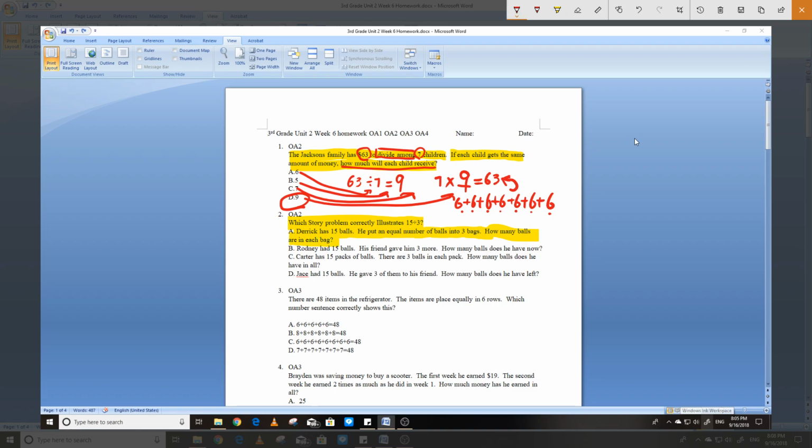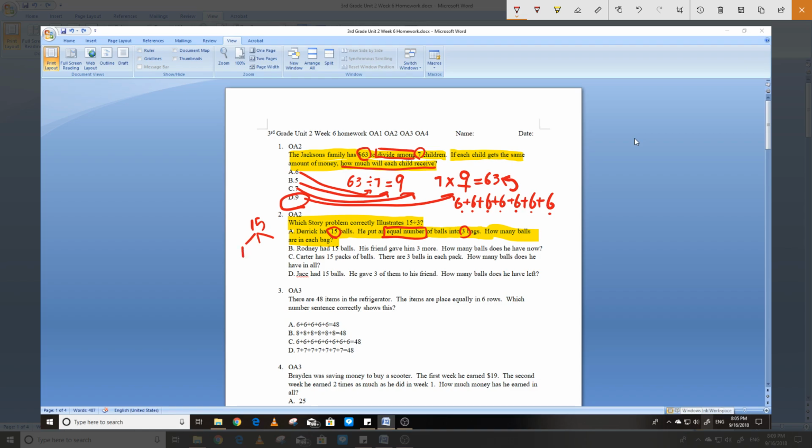So if I'm looking at answer choice A, we have the numbers 15 and 3. And the key words here are equal number right here in the middle. Now, whenever you see equal number, usually it means you have to divide. If you got 15 balls and you want to separate them into 3 different bags, and each bag has to be the same, let's just use a letter to represent the value of the balls.